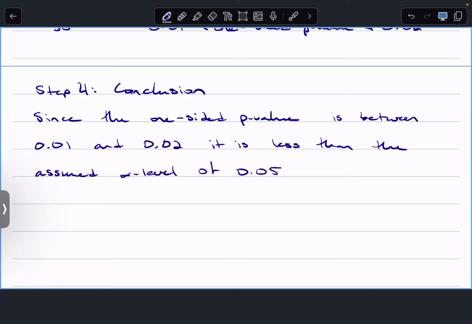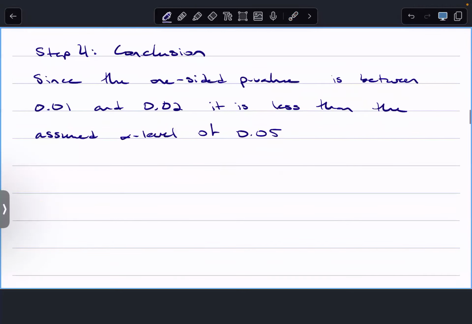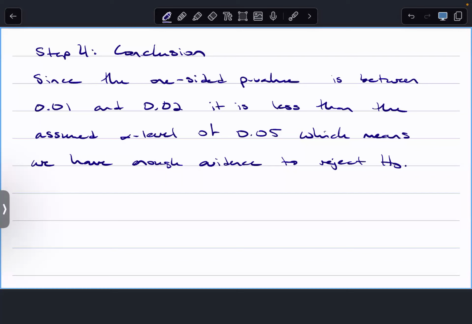If it's less than the assumed alpha level of 0.05, which means we have enough evidence to reject H naught, right? We moved far enough into the tail to say, oh, okay, it could happen, but unlikely, which means we have enough evidence to reject H naught. That conclusion has to be in terms of H naught, because we've assumed that the difference was 0 until we had proof, okay, it looks unlikely, right?